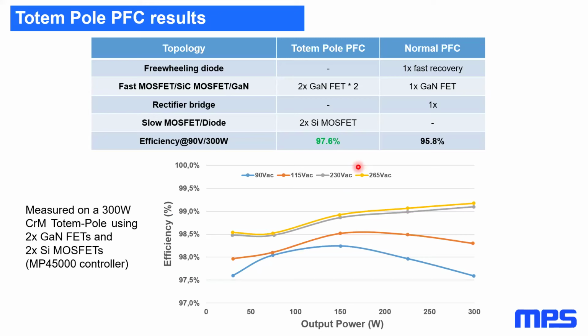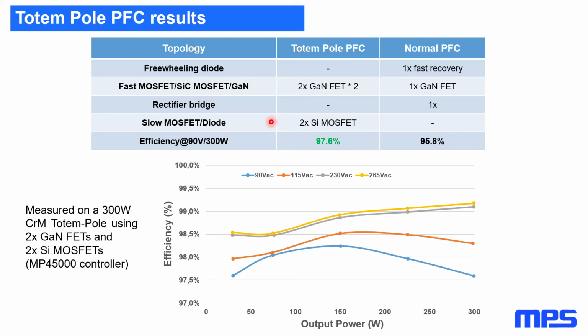If we make a comparison between a totem pole PFC and a normal PFC, so the single boost PFC that we've discussed before, if you look at the number of active ICs, for the totem pole PFC we have two.